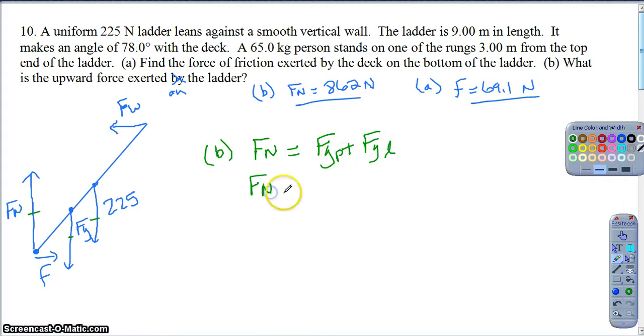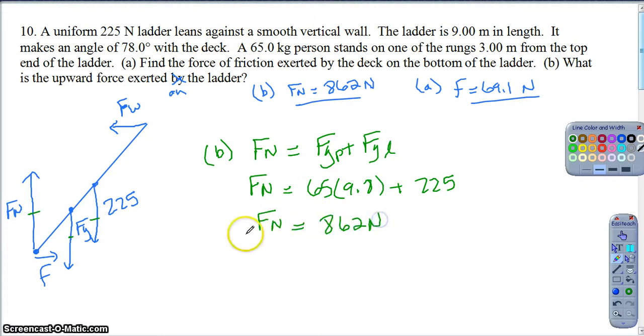In terms of calculating this, I just have my 65 kilogram person times 9.8 plus the 225 Newton ladder. Calculating those, that's where I got my 862 Newton normal force exerted on the ladder by the floor. So I've got that measurement.